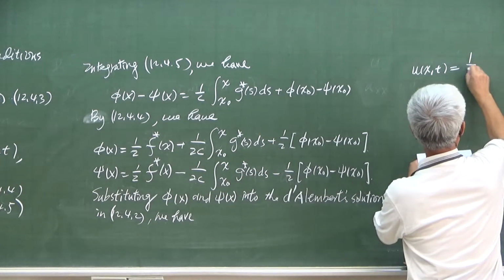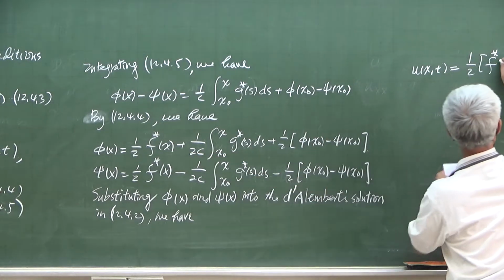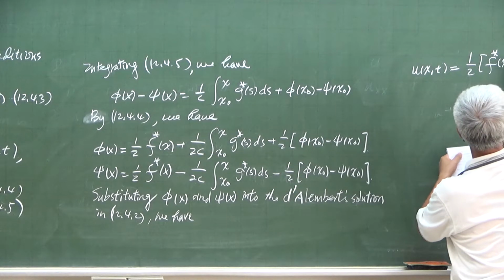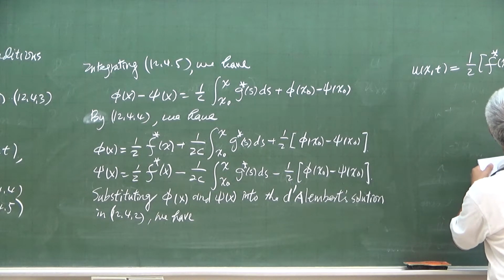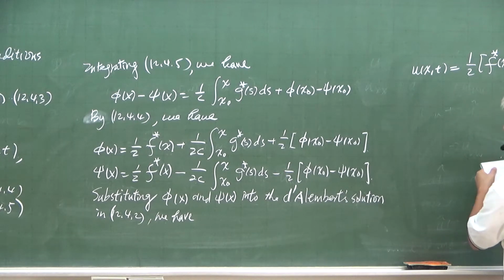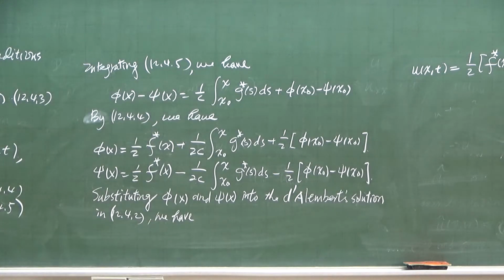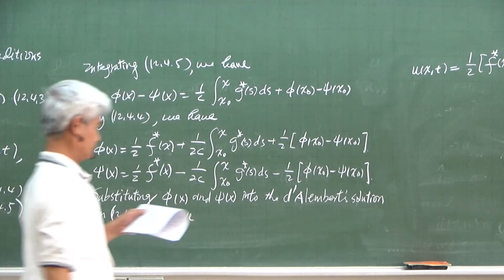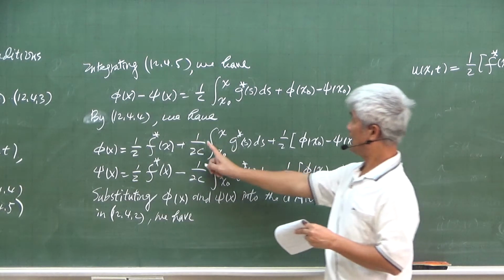So this one-half f star here is f star of x minus ct plus f star of x plus ct. So this is for x plus ct and x minus ct here. Okay, so this part. And now here.